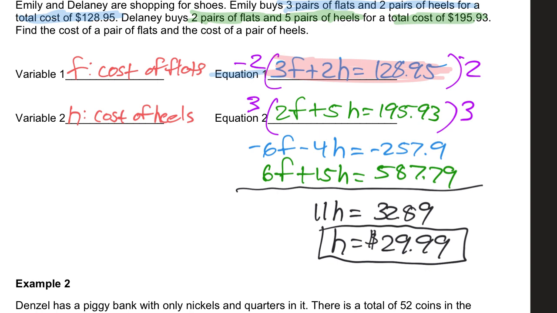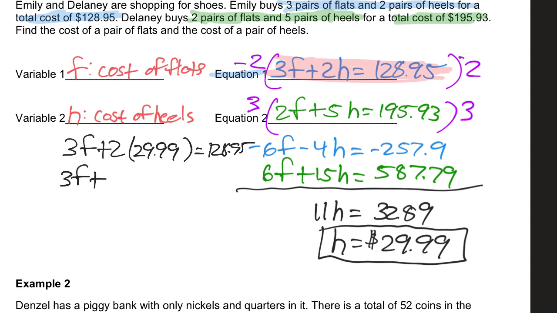So here we go. I'm going to write 3f. Oops, helps if I write it where you can see it. There we go. 3f plus 2 times 29.99 equals 128.95. So that's going to be 3f plus 59.98 equals 128.95.